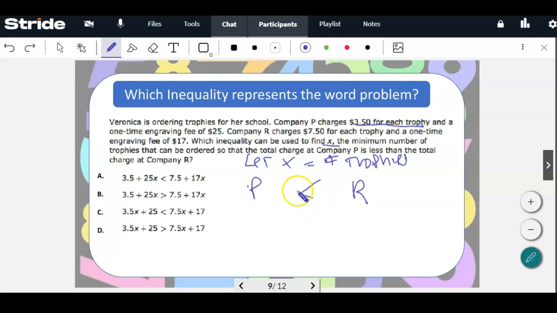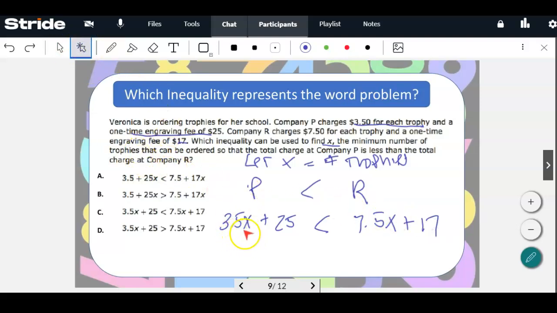We don't know the number of trophies, so that's our X. So 3.5X plus, and a one-time engraving fee, so that's the plus 25. It's going to be less than Company R charges $7.50 for each trophy, so 7.5X, and an engraving fee of $17.